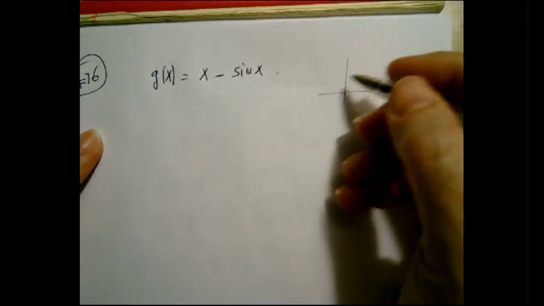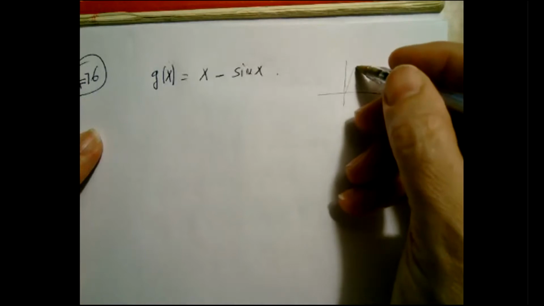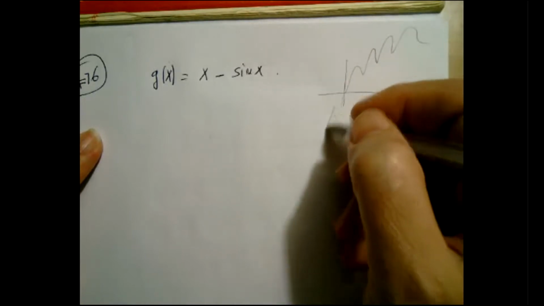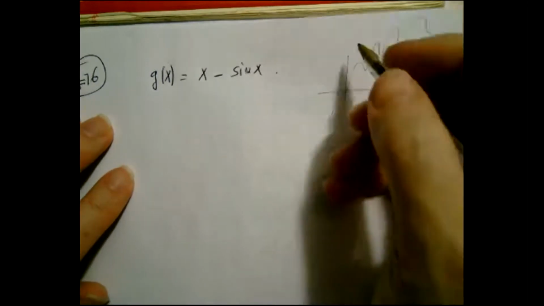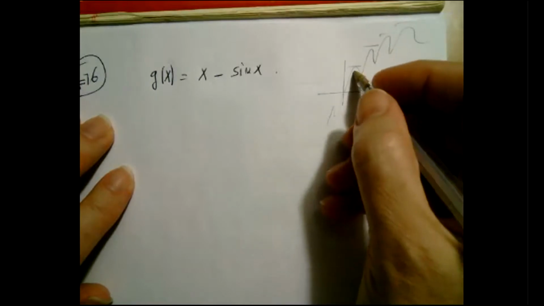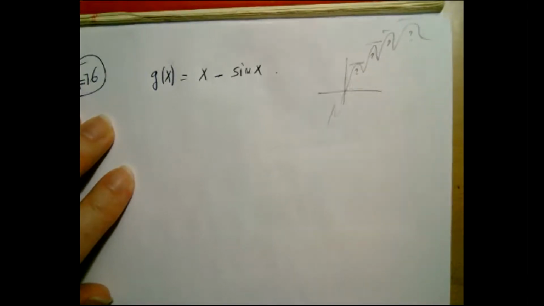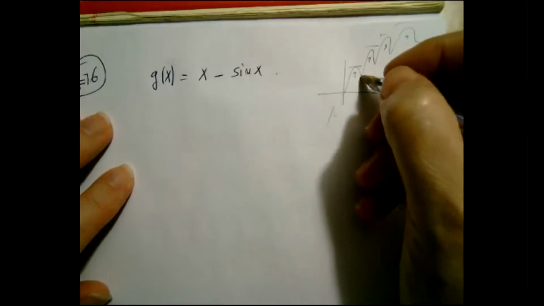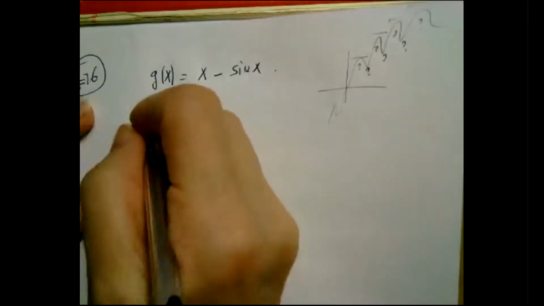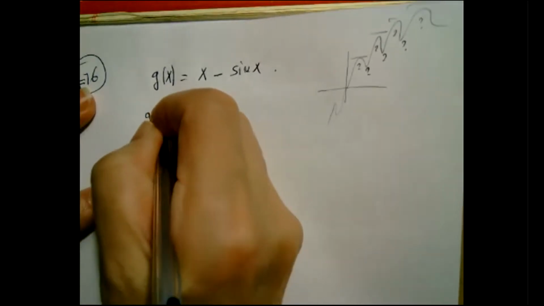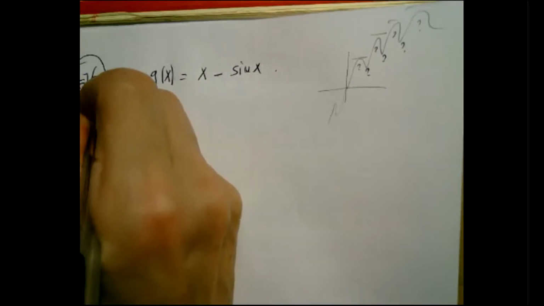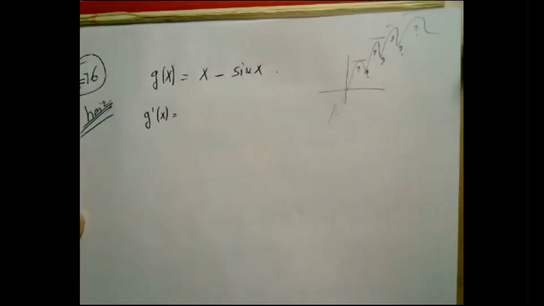So we should be able to sketch the function. I think this function is going to look, we'll sketch it in a second, something like that. I think so, I'm not sure. And the question is, when is the tangent line horizontal? It means we're looking at where the function is peaking, basically, or having extreme values, those points. And so we have to set g prime equal to 0 and solve for x, because we're asking where the tangent line is horizontal. That's really the question.